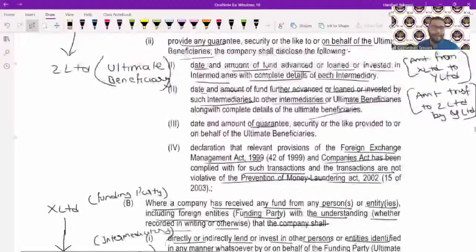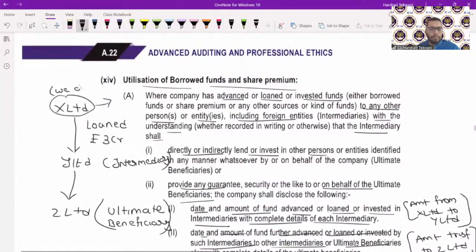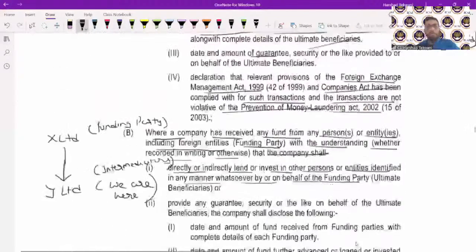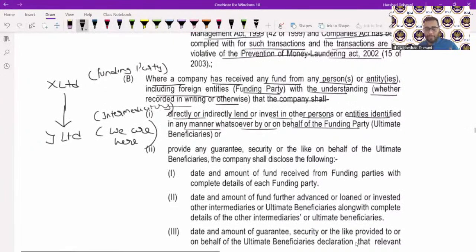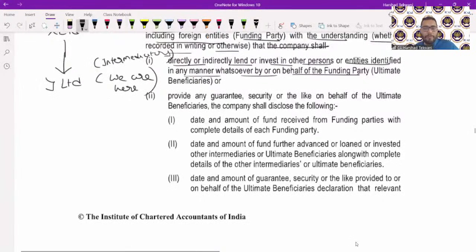Earlier we were X Limited, the funding party. So now we need to provide disclosure, which means the company needs to provide disclosure from the intermediary's point of view. Then what is the disclosure we need to provide?